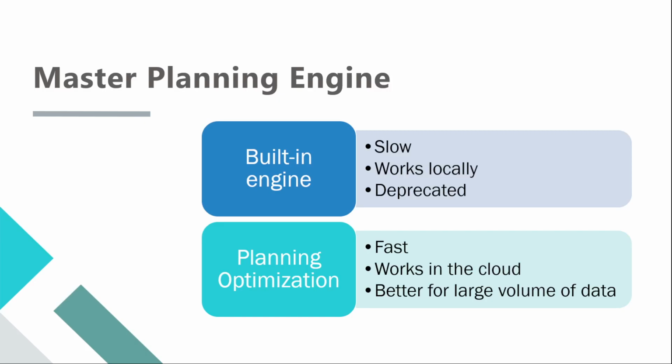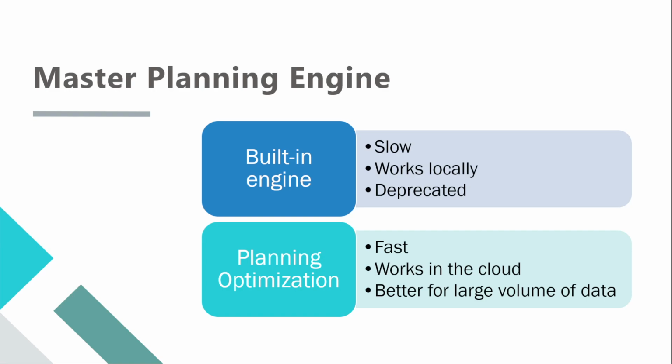Now, let's talk about the other one, the planning optimization engine. Planning optimization is a cloud based engine introduced by Microsoft. It takes the planning workload of your main application and processes it in the cloud, which means it is much faster, it does not impact your application performance, and the planning can go from hours to just minutes.